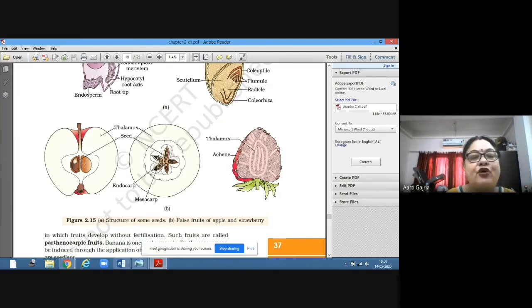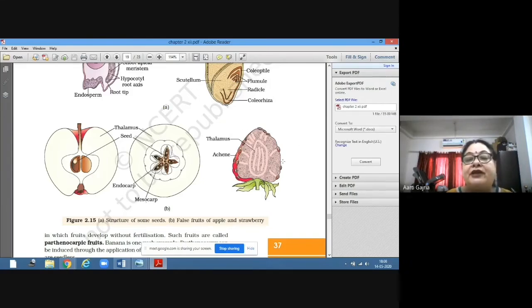This is the ovary and this is the thalamus. The portion which we eat is the thalamus. Here you can find three coverings. Otherwise, only the pericarp is there. Here you can find the mesocarp and endocarp, three layers. This is the thalamus.